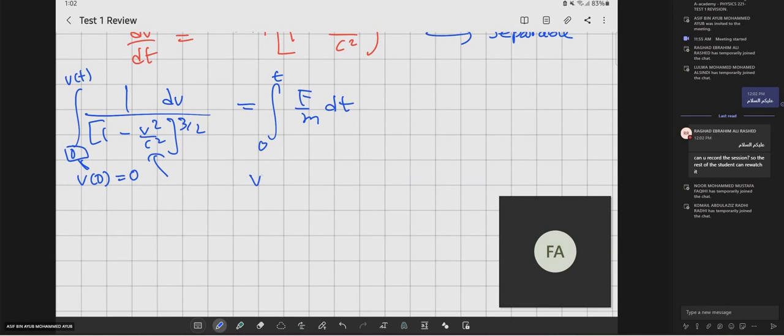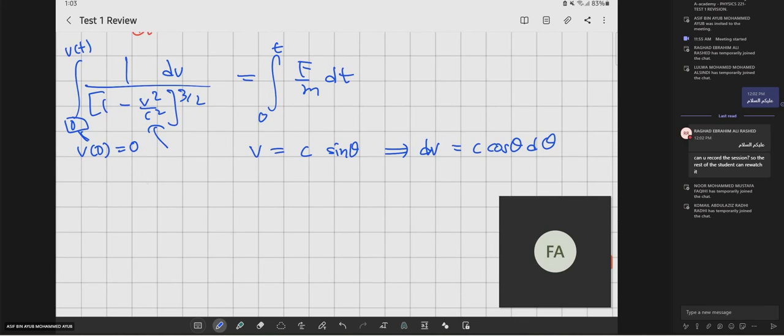Okay, so how do I solve this? I'll have to make a trigonometric substitution, which is v equals c sine theta. So dv will be c cosine theta d theta. So if I do this quickly, let me take the c outside. So I'll have c cubed on top. You can verify this.